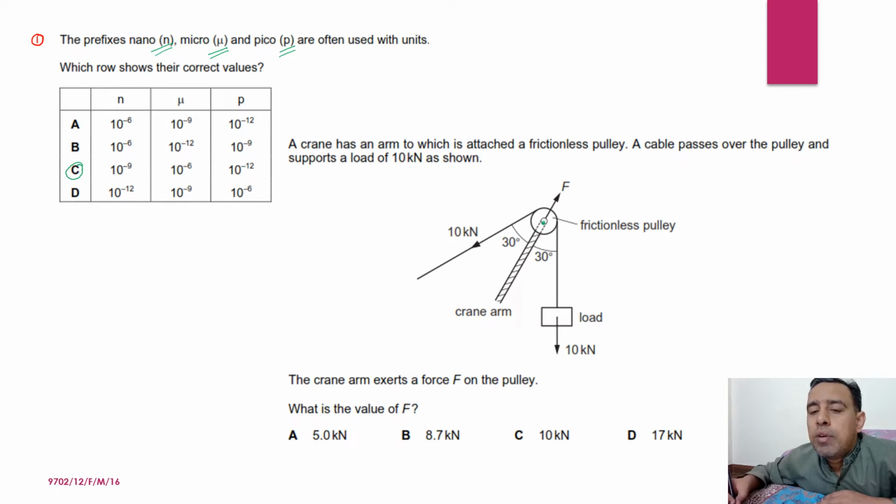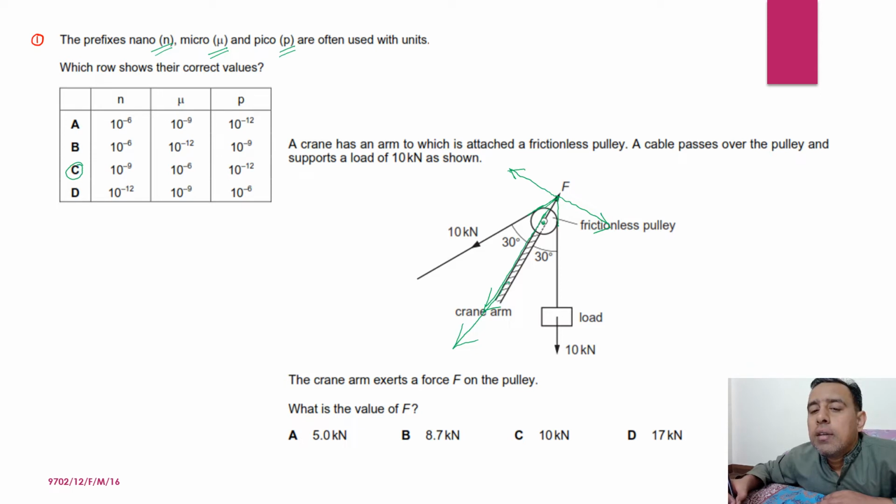So the forces are 10 kilonewton and you have to find this force F. First of all, we have to divide these forces into components. If we draw it like this, we resolve these forces into components. One component is here and the other component is in this way. Just let me change the color.